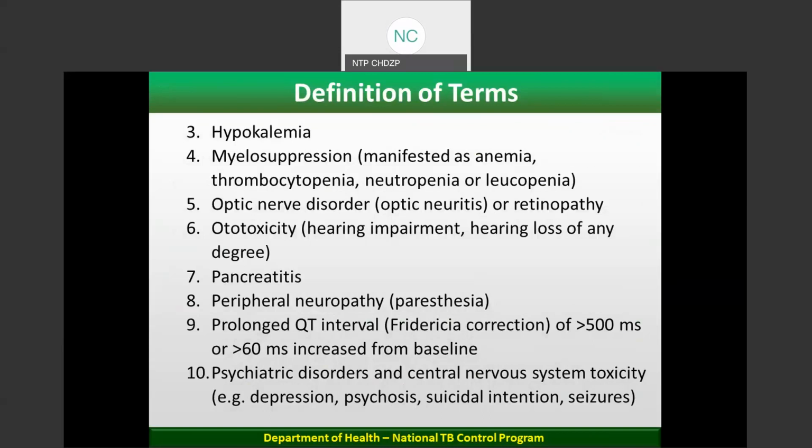It also includes pancreatitis, peripheral neuropathy or paresthesia, prolonged QT interval, or the Fridericia correction of more than 500 ms or more than 60 ms increased from baseline. It also includes psychiatric disorders and central nervous system toxicity such as depression, psychosis, suicidal intentions, and seizures.